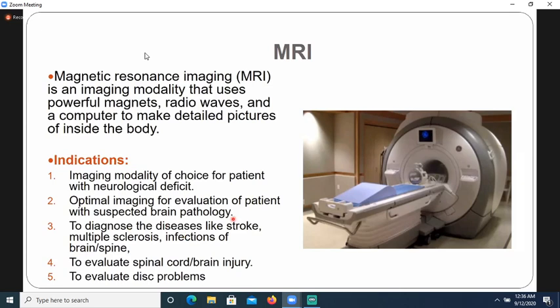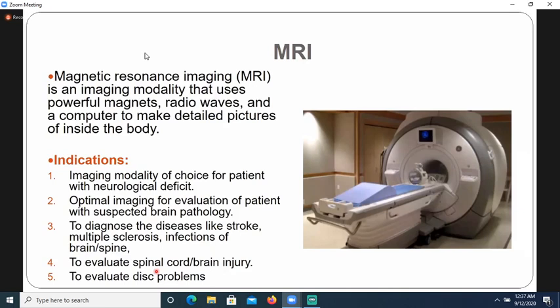To diagnose diseases like stroke, multiple sclerosis, and infection of the brain and spine, it has better resolution than the CT. It is used to evaluate the spinal cord and brain injury, and to evaluate disc problems. In spinal cord and brain injury, brain edema, contusion, or diffuse axonal injury are easily picked up on the MRI.